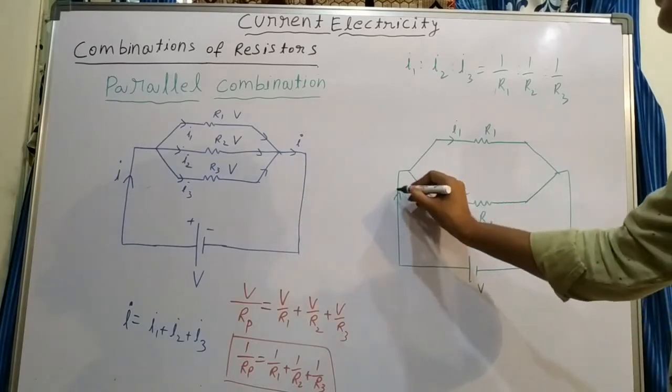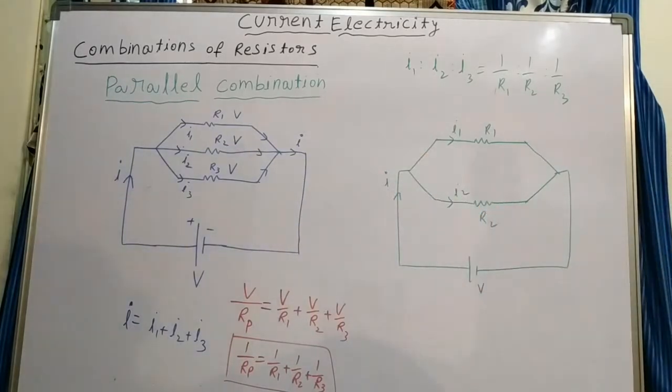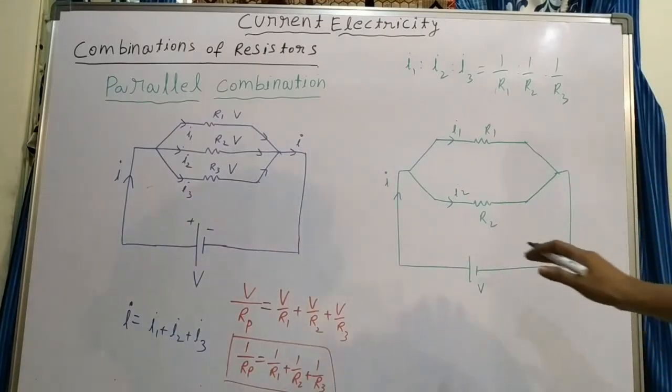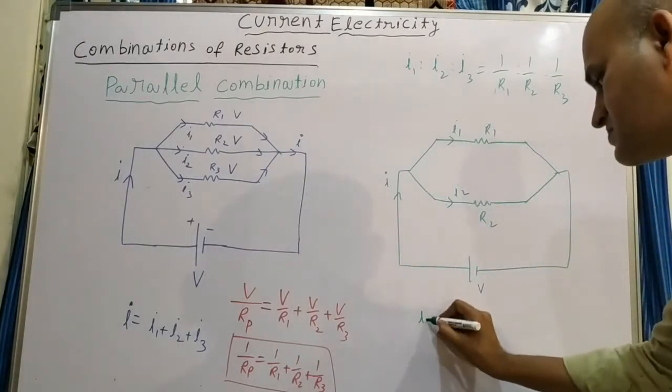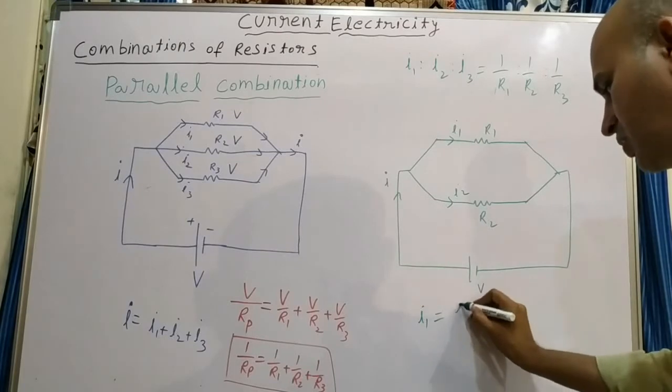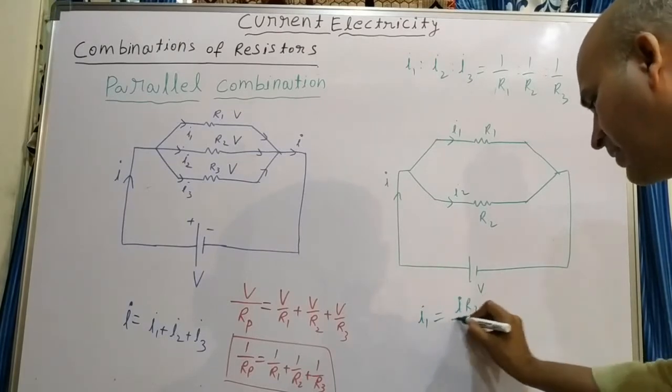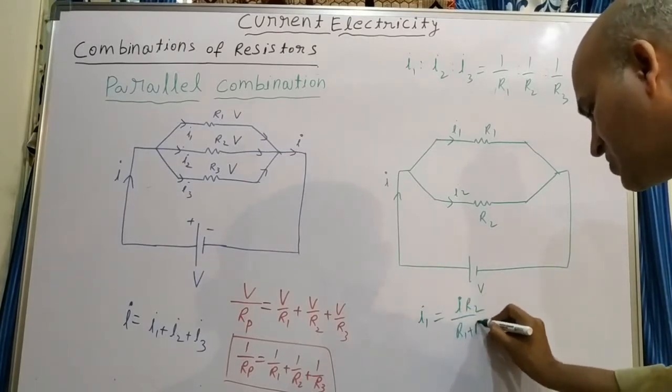The main current is I. In series combination potential is divided, here current is divided. How is current divided? First of all, current I1 is equal to total current into R2 by R1 plus R2.